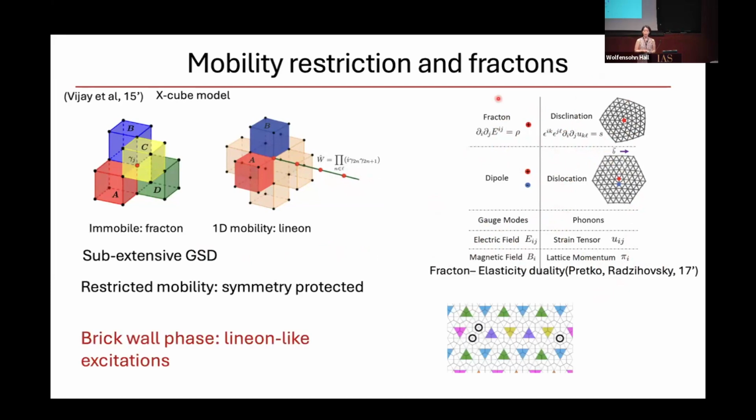So now we have a setting where we have sub-extensive ground state degeneracy in this brick wall phase. And this brick wall phase is something that you can get by starting with our cluster charging or no touching condition and introducing the next leading interaction.